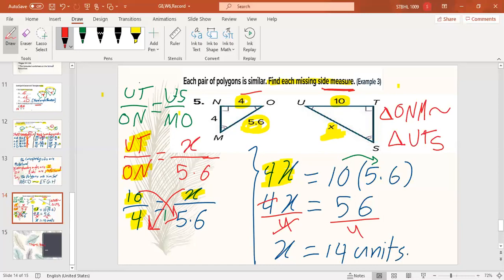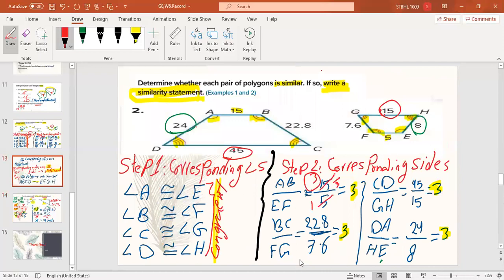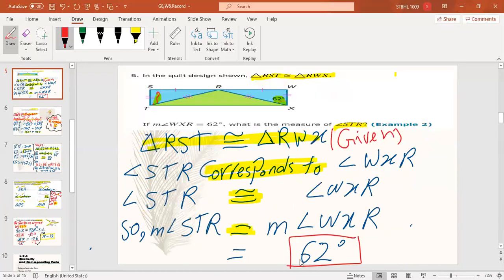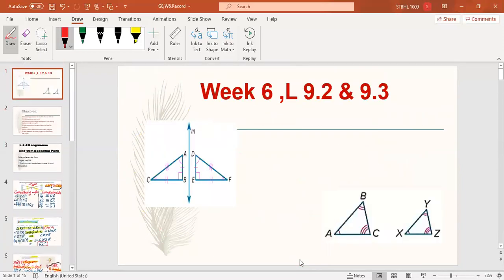I hope that you got the difference between congruent triangles and similar triangles. I'll summarize it one more time fast. In congruent triangles, all of the side lengths are congruent and all of the angles also are congruent.